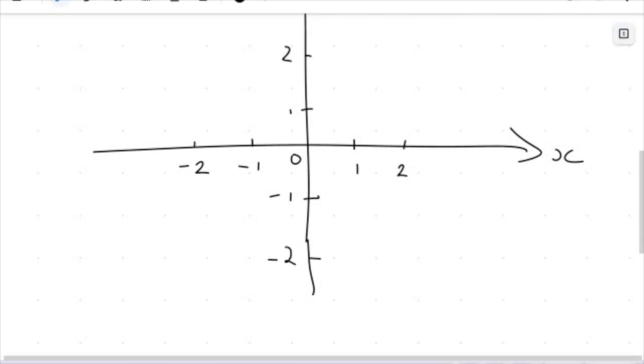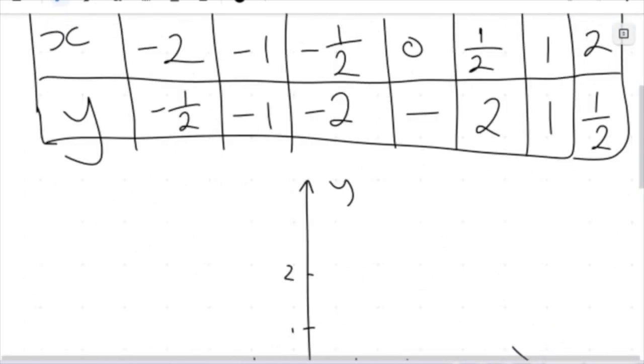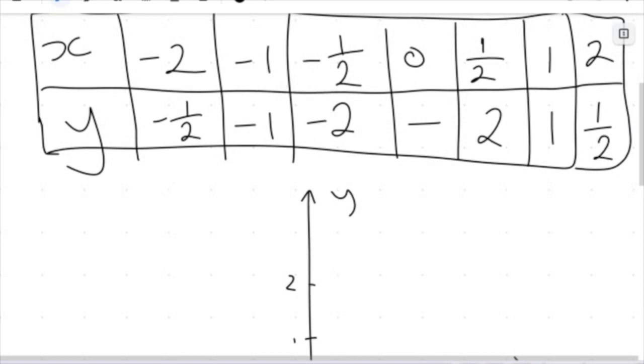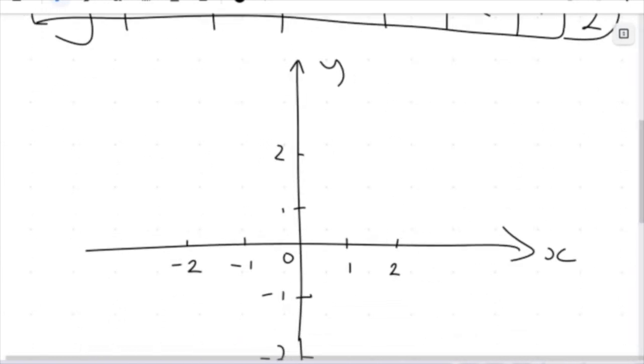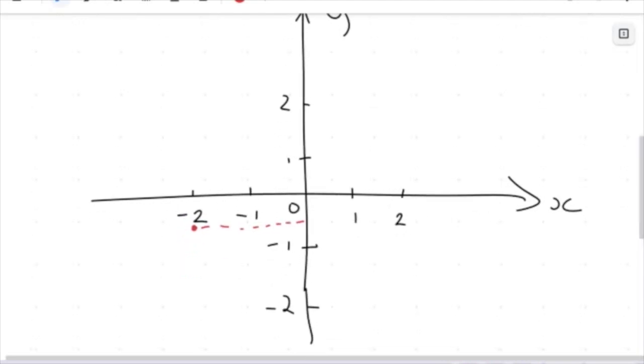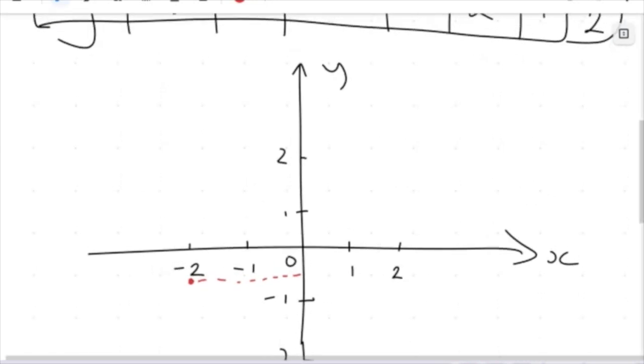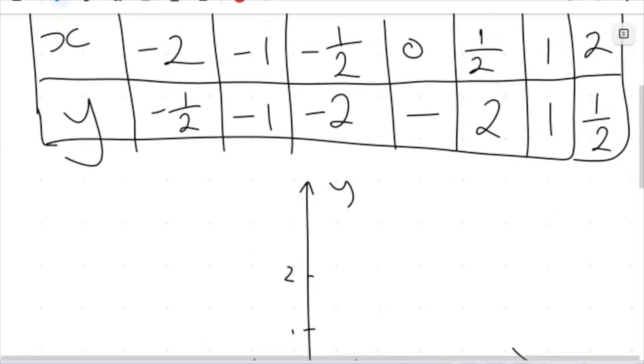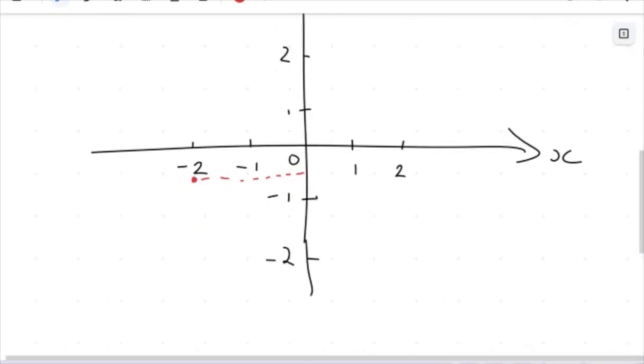Alright, sweet. So let's get these in here. So when x equals -2, y equals -1/2. So that's going to live about here. This lines up with about halfway between 0 and -1. Okay, our next one is going to be when x equals -1, y equals -1.